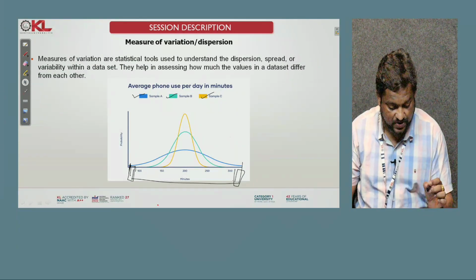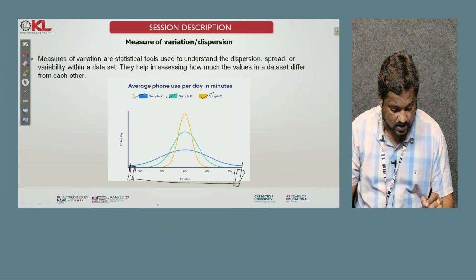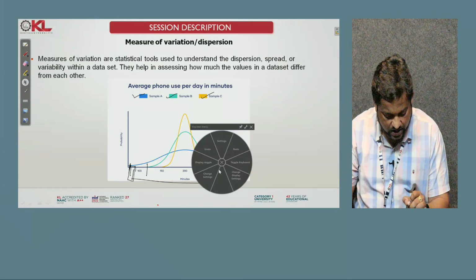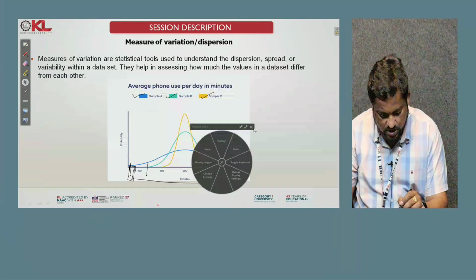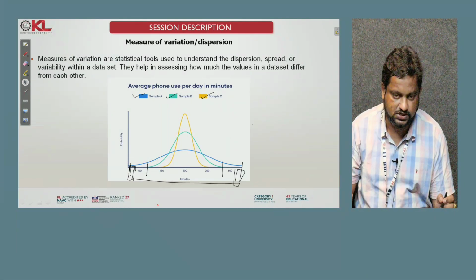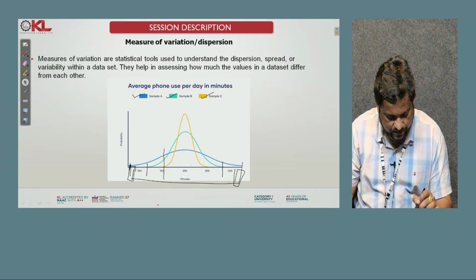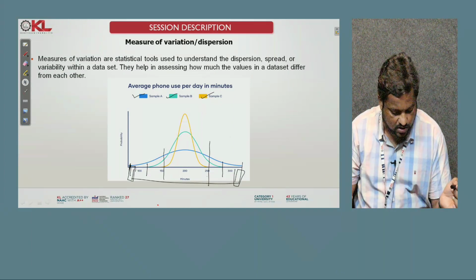Next, sample B, represented in green color, has a spread of this much. When compared to the previous one, here the spread is a little less. Coming to sample C, the spread of the data is from 150 to 250 minutes.